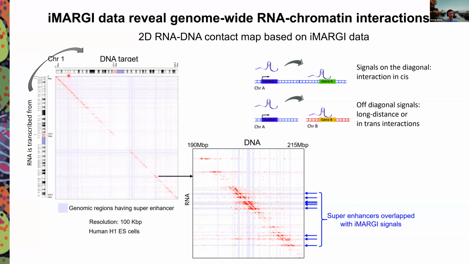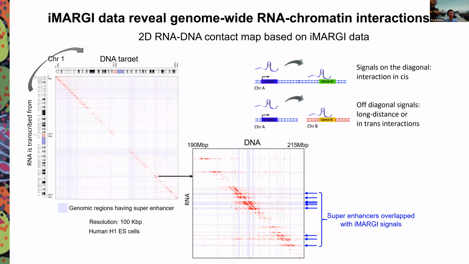In this matrix here, what's shown on the y-axis is the entire chromosome 1, starting from its start position to its end position, which spans approximately 100 megabases. And the same chromosome is also plotted on the x-axis, from start to end on the right.